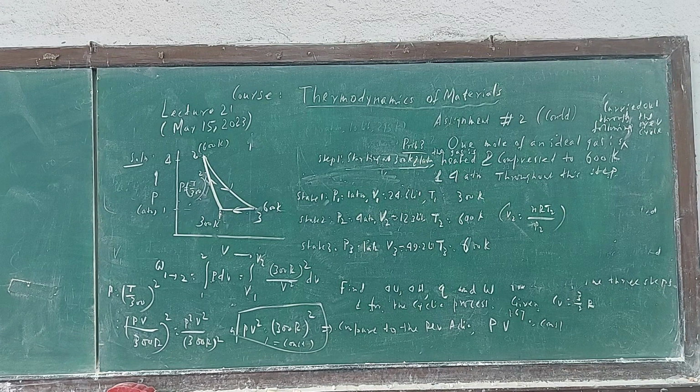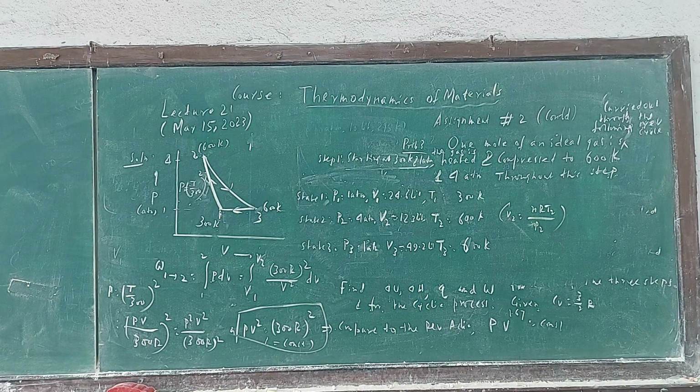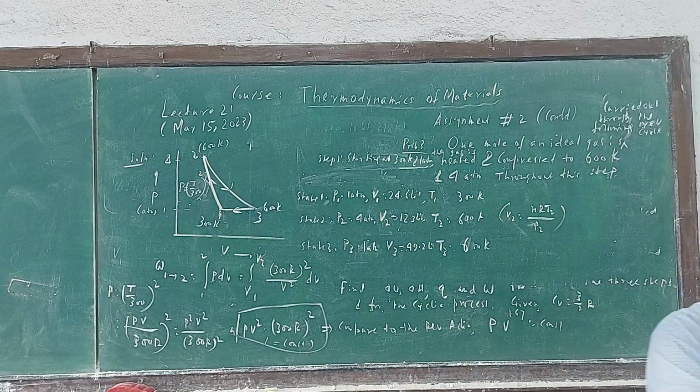A moment ago I said, this integration gives W, and delta U is what? n Cv delta T. I said this also, but what is delta T? T2 minus T1, you know T2 and T1. So complete this list.